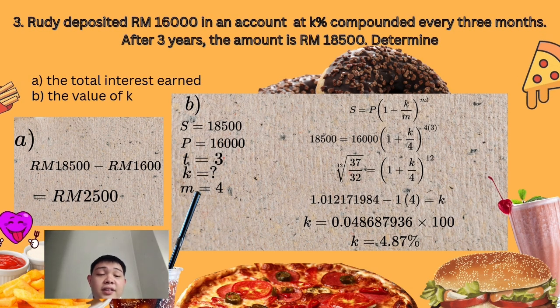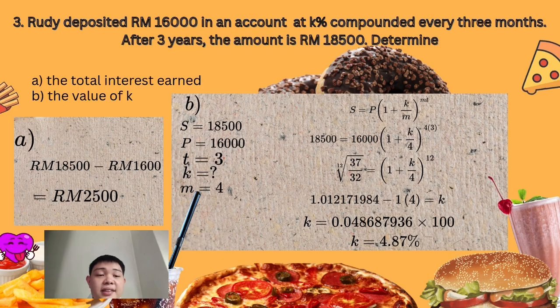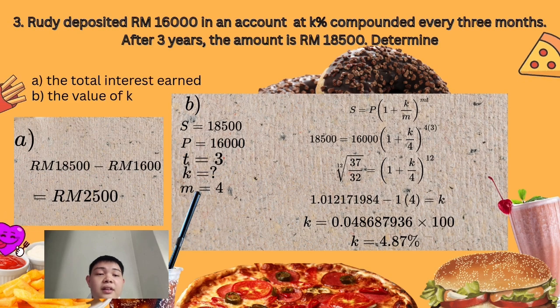It is because if you look at the question, K percent compounded every 3 months. Which means in 12 months, it will compound 3 months, 3 months, 3 months. So the total frequency is 4.